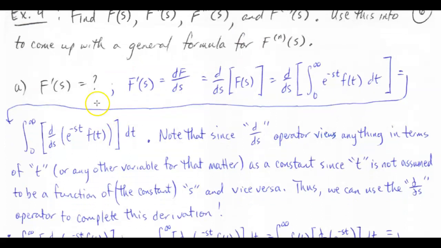So the first thing that we see here is that if we want to rewrite big F prime of s, that's the same as dF over ds if we want to put it in Leibniz notation. And we know that by definition, the Laplace transform is an improper integral.